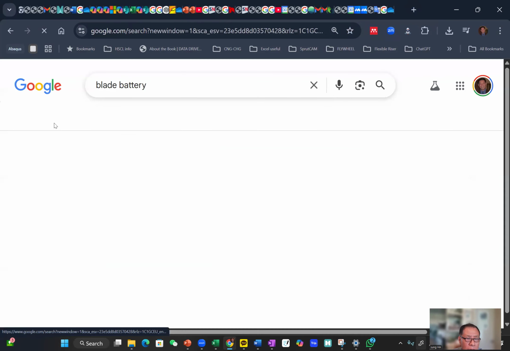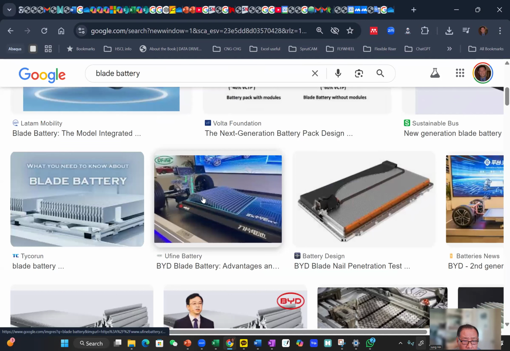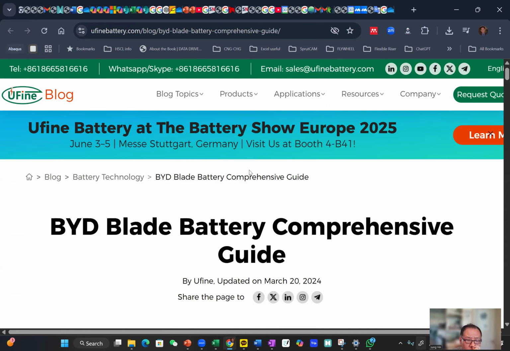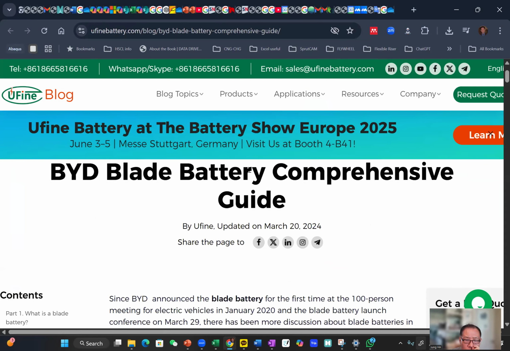This is the first time for me as well. Looks interesting. Blade battery comprehensive guide.